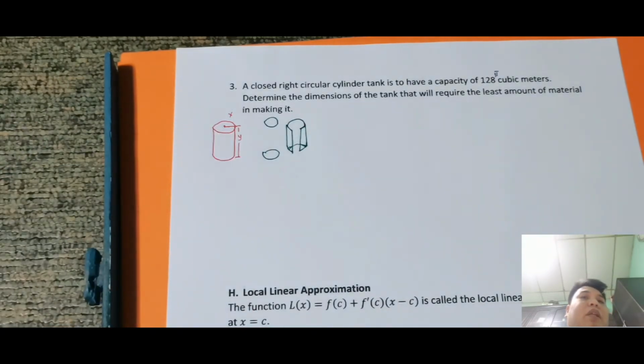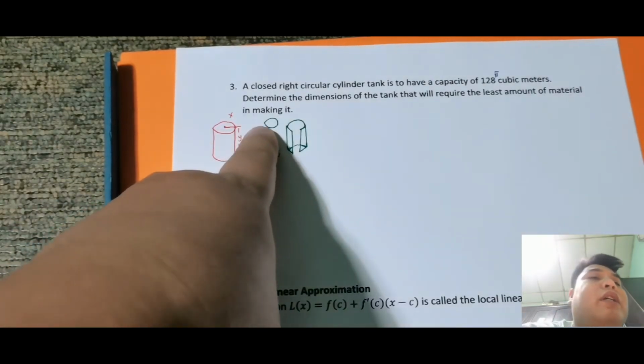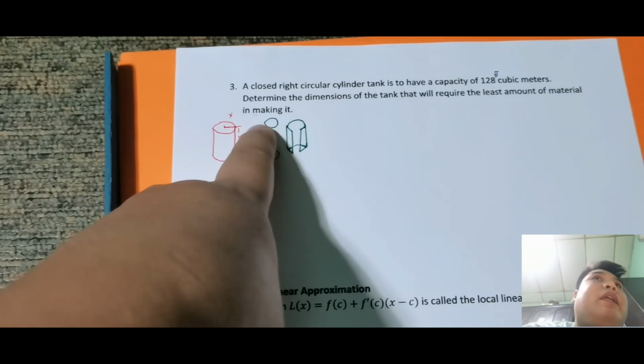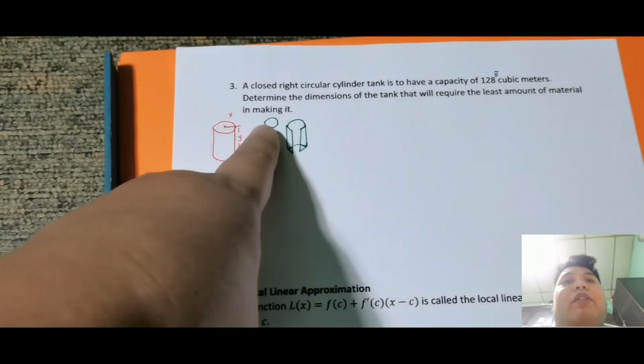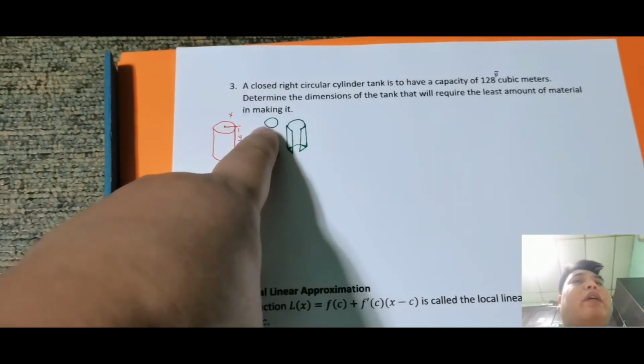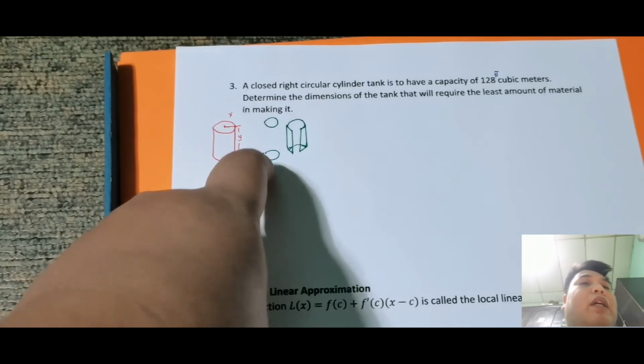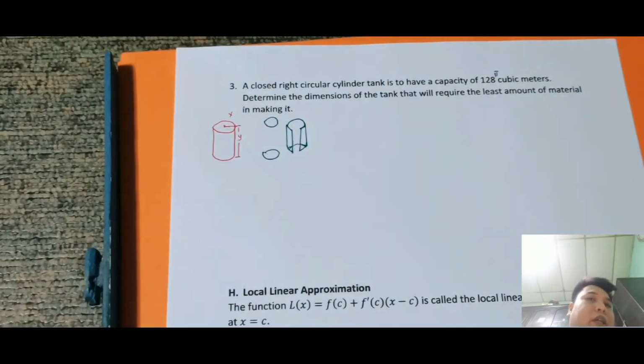Kaya ako kinat siya para mapakita sa inyo yung dapat natin gawin. Una, aware kayo na dahil area, yung side na paikot yung kukunin natin sa kanya. Kung napapansin mo, dalawang area nito is dalawang circle, so that is pi r squared, dalawa siya.